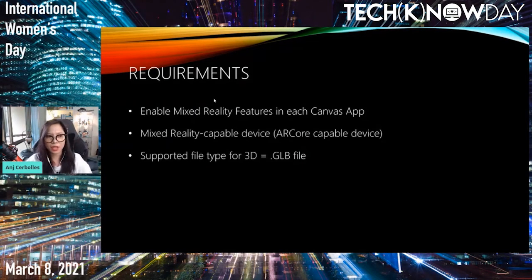And the supported file type for 3D objects is the .glb file. The reason we need to enable the mixed reality feature in each canvas app is that it's still in public preview. If it's in general availability, you don't need to enable mixed reality.